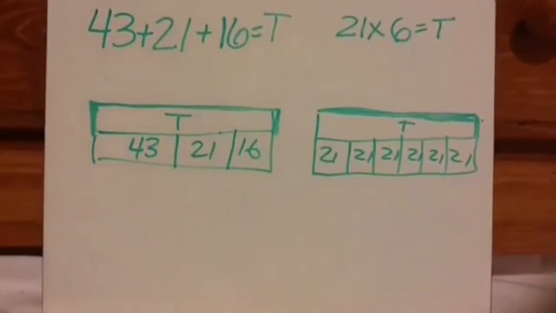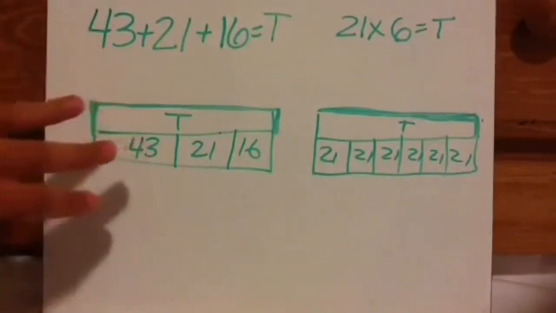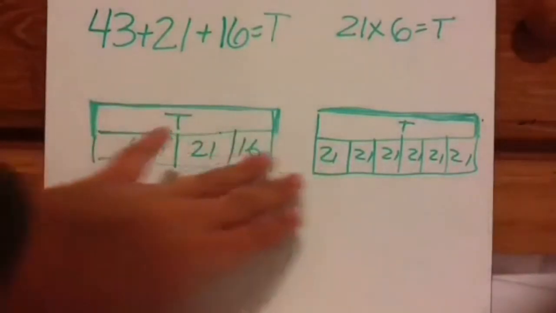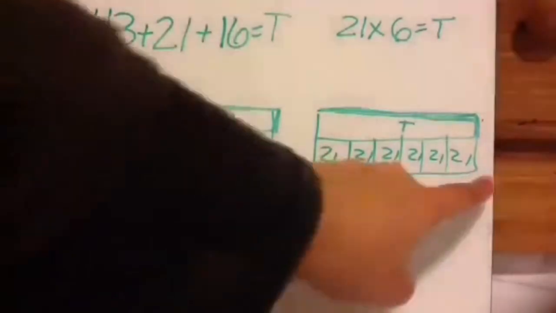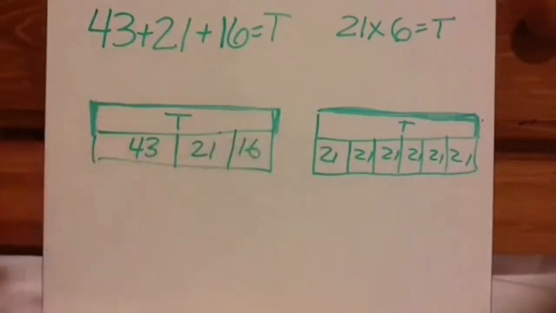Now, this is only an addition question, so that's what it would look like. I will be going on about if it's an addition and subtraction question, or addition and division question, or whatever. So that will look a little different. But just looking at multiplication and addition only, they are very, very similar. In multiplication, it's repeated addition, and in regular addition, it's just your 3 different groups, or 4 different groups, or 2 different groups.